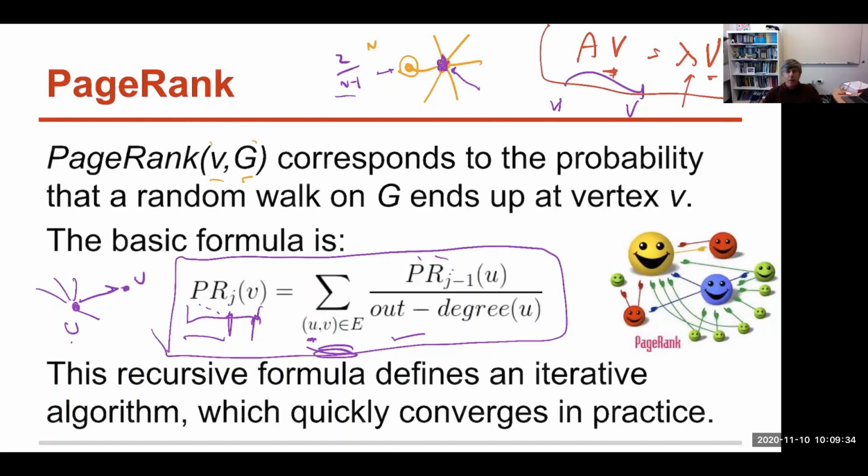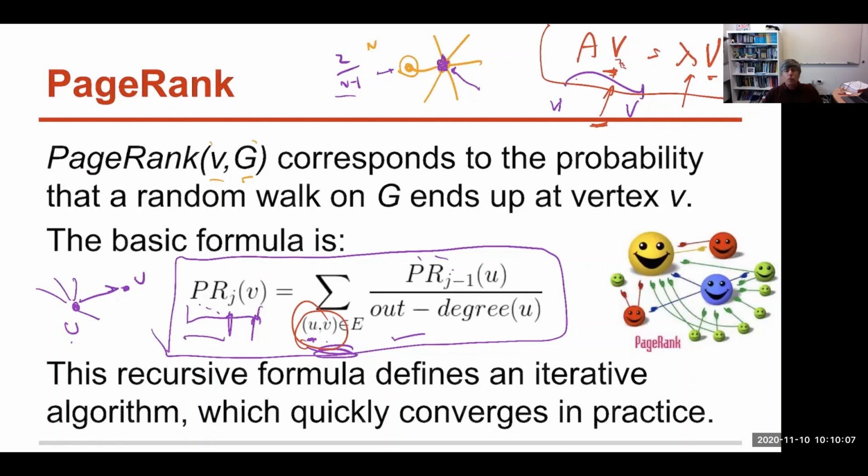If we think about it, if v was the probability that at a particular time we were at each vertex, multiplying it by the adjacency matrix is basically saying that whenever we have an edge from u to v, we're going to take the contribution of the associated probability.